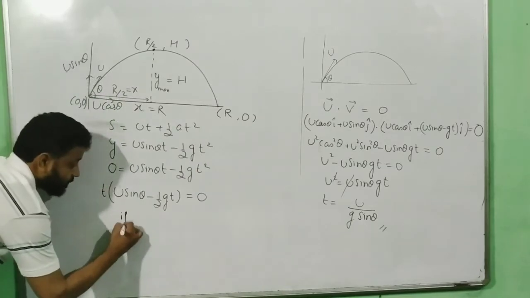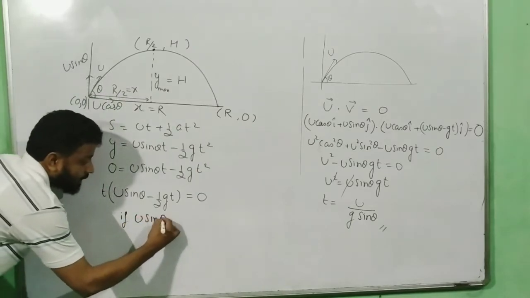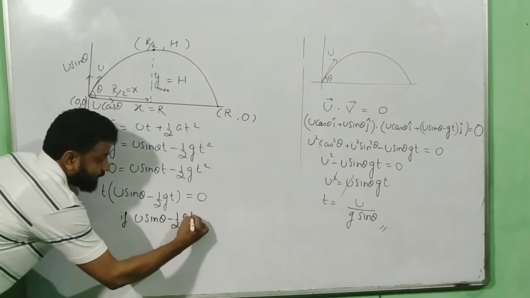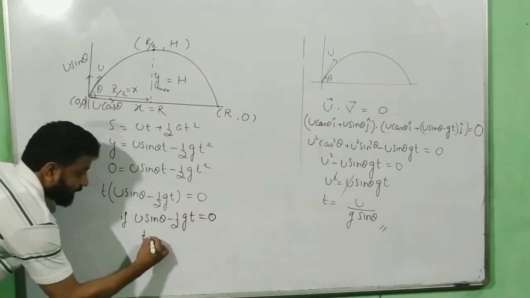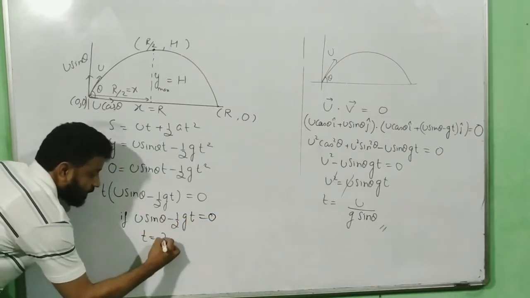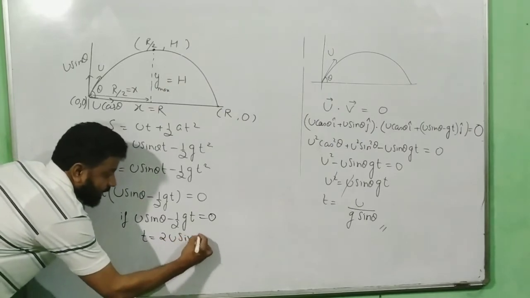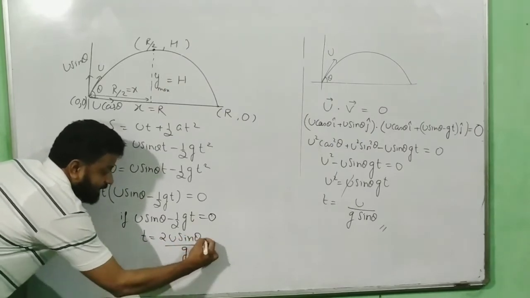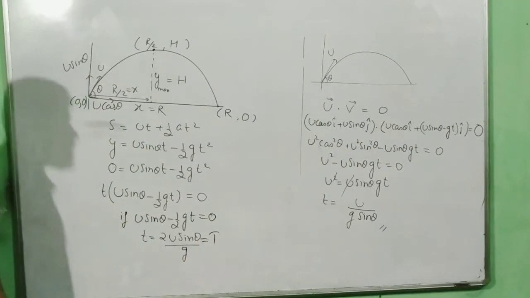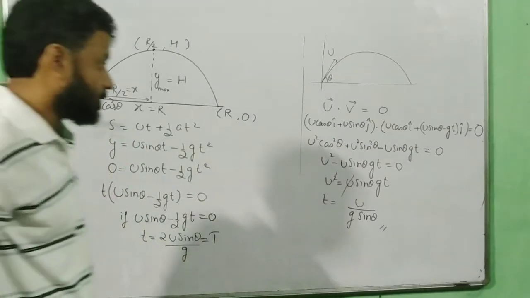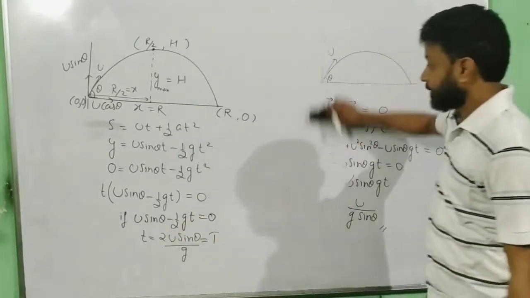So if u sin theta minus half g t equals 0, I will get t equals 2u sin theta divided by g. And this is nothing but what we refer to as time of flight. Okay? So this is part 1, the time of flight formula.